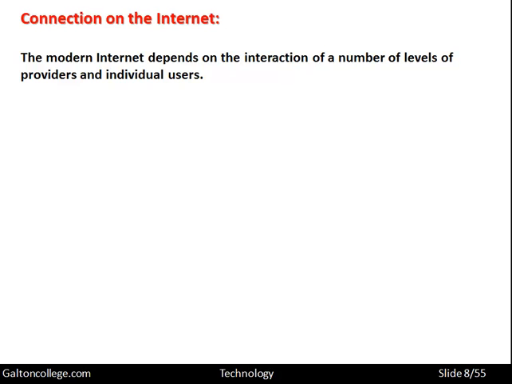So for example, if I access a site in, say, India, and I live in the UK, it may have to go through many different servers to find its route to the site that I'm requesting from India. Now it may take time, because some parts of the internet may be very busy, other parts may not be so busy, and it's got to find its way to the server that holds the site that I'm looking for, and then return the information to me.